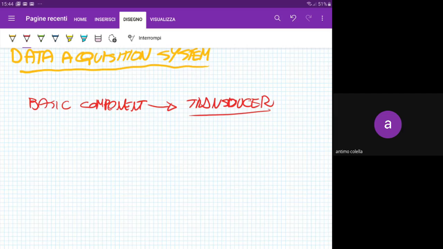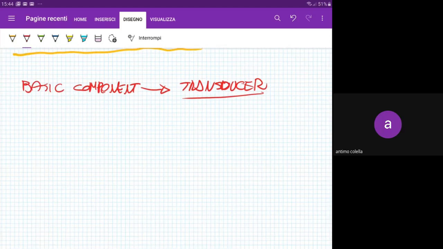We will see something about that. But the main characteristic is that it is capable of transducing, hence the name, that physical quantity into an electrical signal. Then we will use that electrical signal in computer programs, whatever.